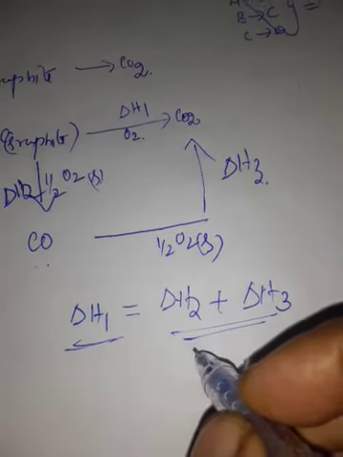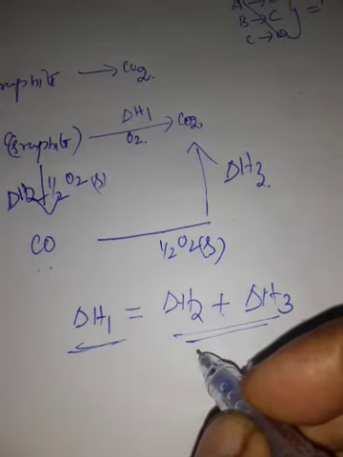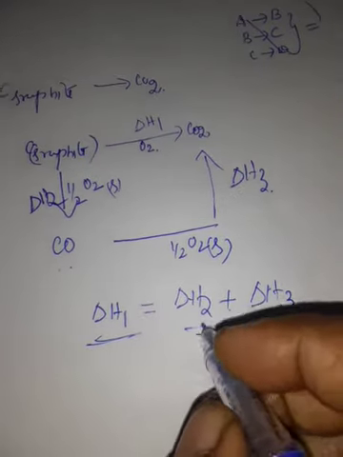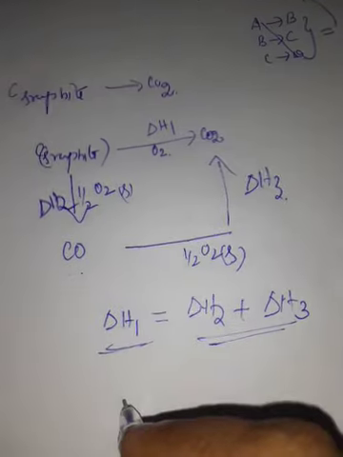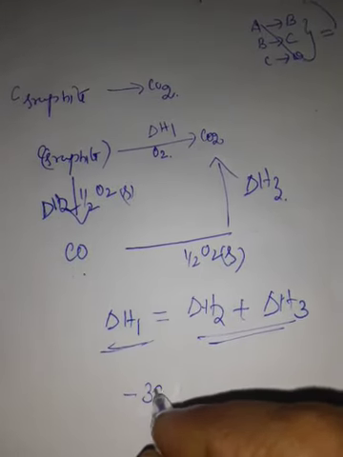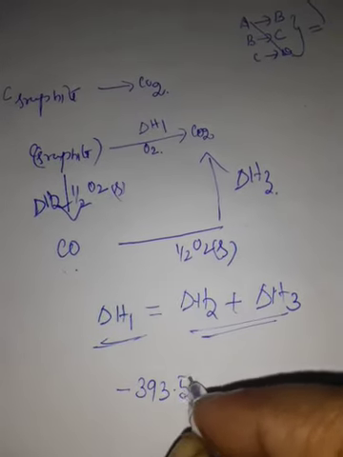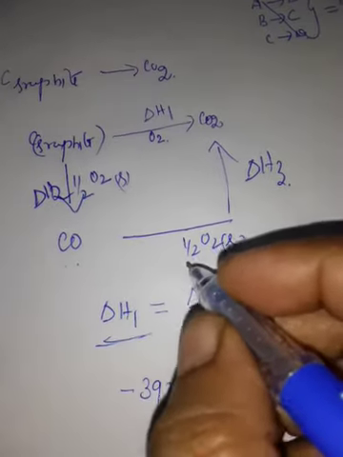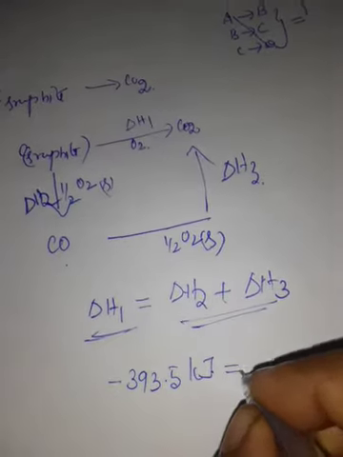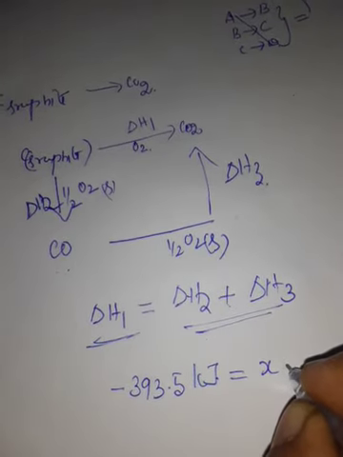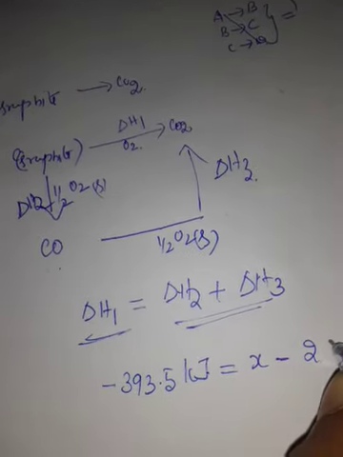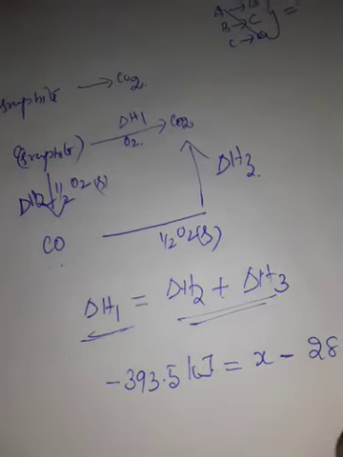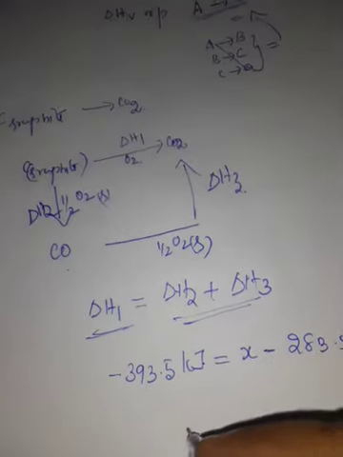So consider this value. For example, the value for delta H1 is given as minus 393.5 kilojoule. Now delta H2 value you can find out. So X you can write, and delta H3 value is minus 283.5 kilojoule. So what is X?